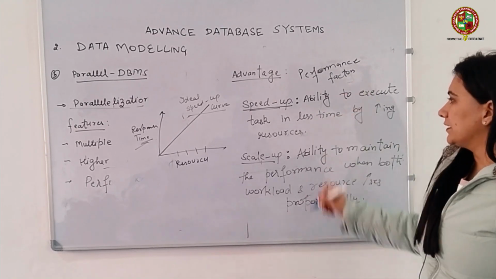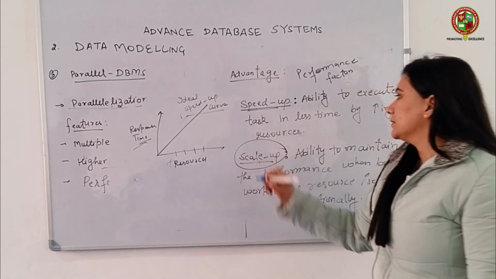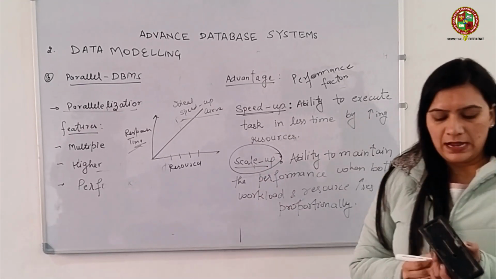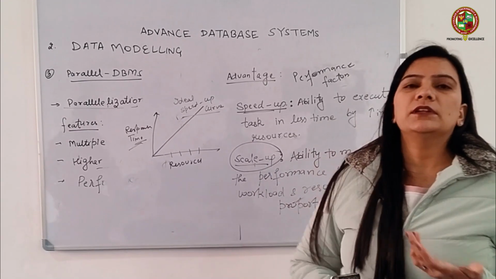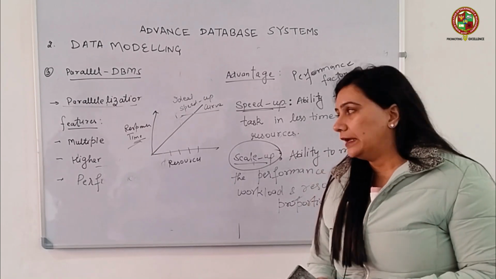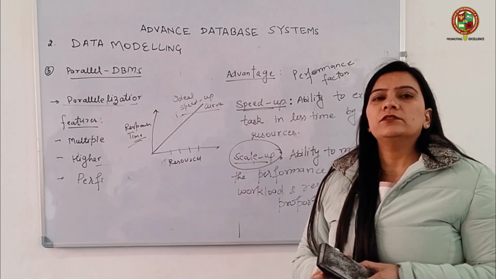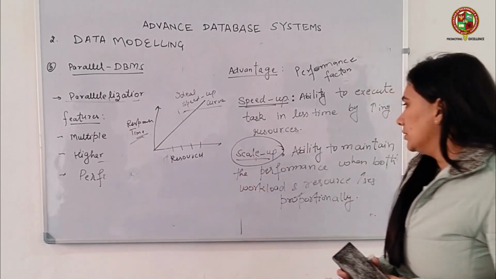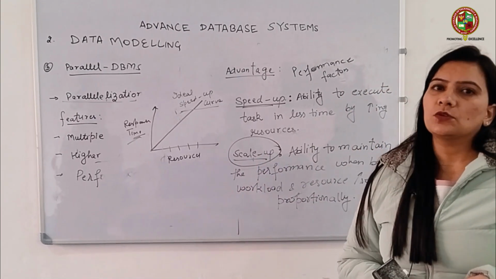Another performance factor we can look at is scale up. Scaling up means, as we all know, data is increasing day by day, we have an increasing workload, and with the increasing workload we can increase the resources as well.